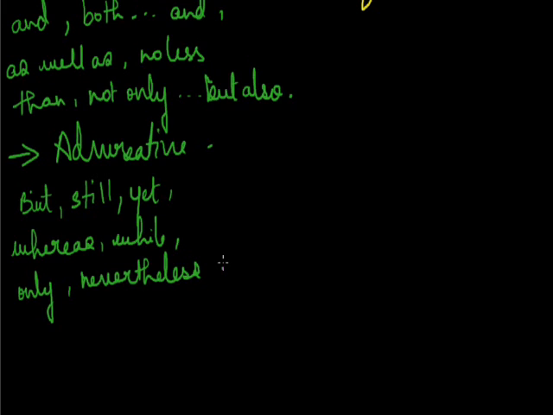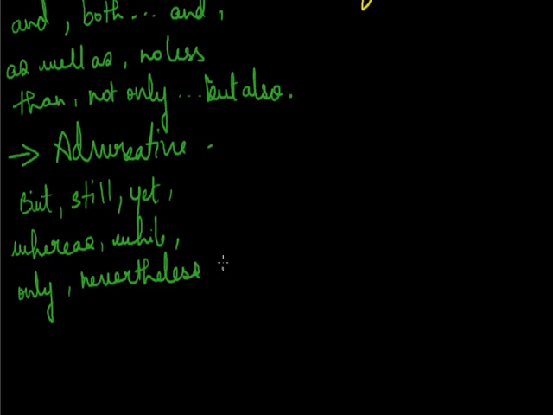Still: he has been given two promotions in less than a year. Still, he is not satisfied. Both the husband and the wife have decent jobs. Still, they are always in debt. So it is showing a contrast between the two statements. They both have decent jobs, but yes, they are always in debt.